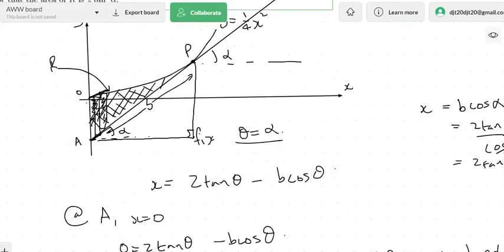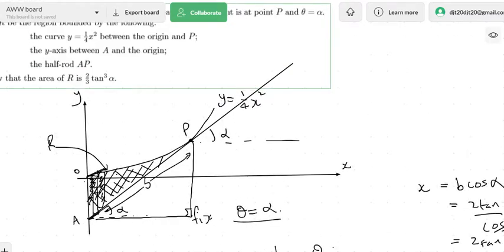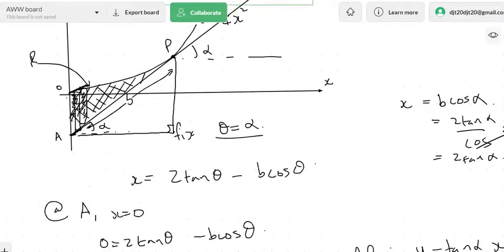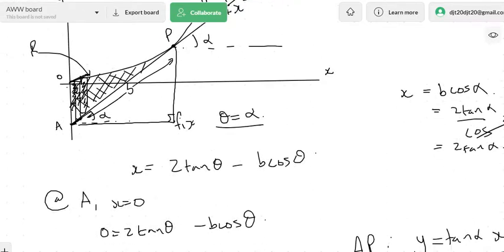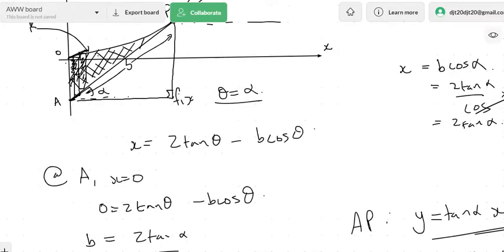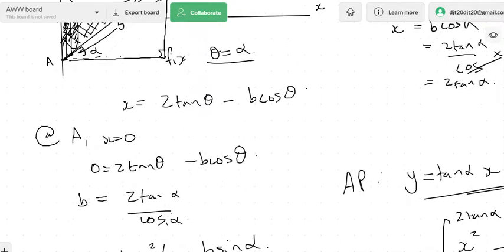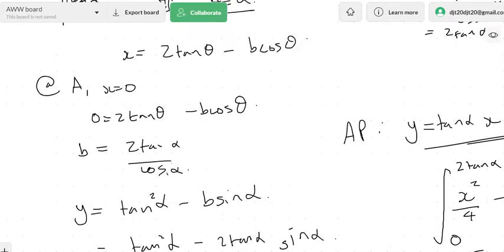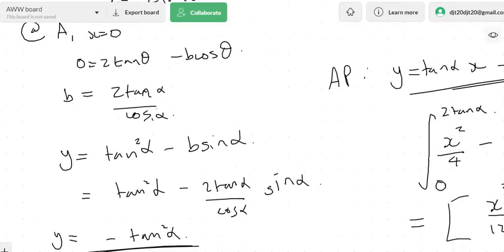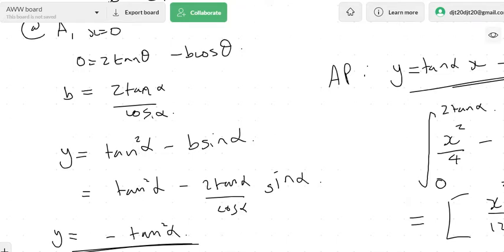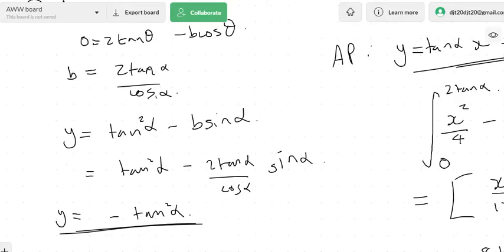Okay, so let's just remind ourselves what we did with this one. We fixed theta to be alpha, and then we asked ourselves what the x coordinate of A was going to be: 0. So we rearranged this to tell us what B has to be in terms of alpha. Once we know that, we can put it into the y equation to find out what y is in terms of alpha.